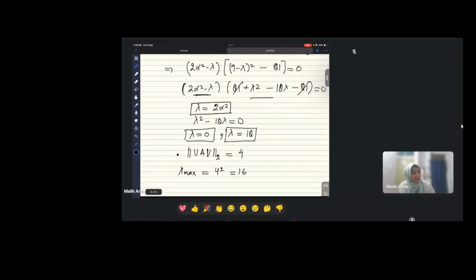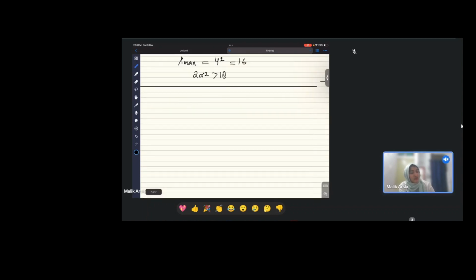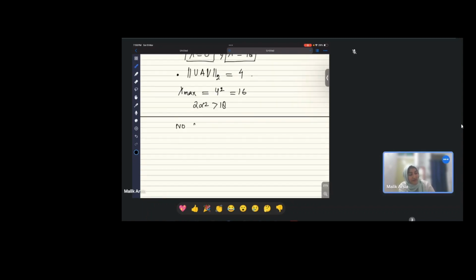But here 18 is there. Here 18 is the max, so that means 2 alpha square should be greater than 18. But that is not possible because it is given that 16 is lambda max, right? So no such real value of alpha will exist.